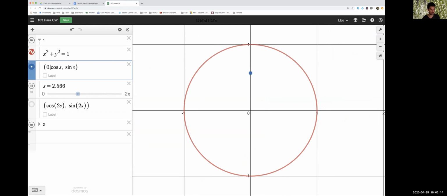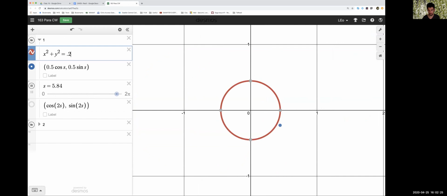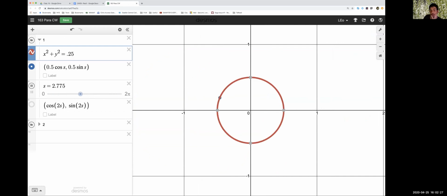Well, what we end up with is a circle with half that radius, right? So the amplitude of sine and cosine there tell us the furthest left and right or furthest up and down it goes, so we can change the radius of the circle very easily using those things. And all I've done is change the numbers in place of them.